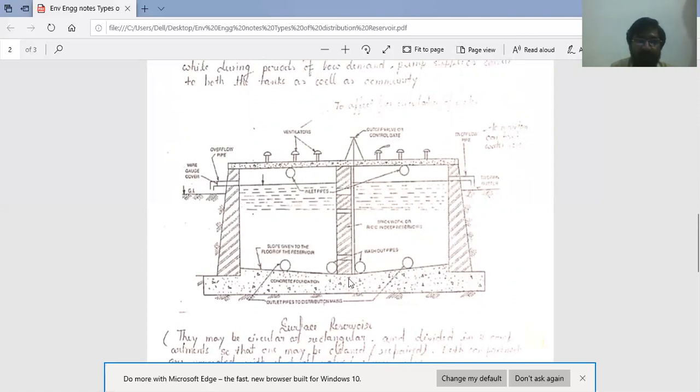This is the partition wall dividing the tank into two compartments. These are the ventilators. This is the slope in the bottom floor in inward direction, and these are the washout pipes for removing the sludge. These are the ventilators.